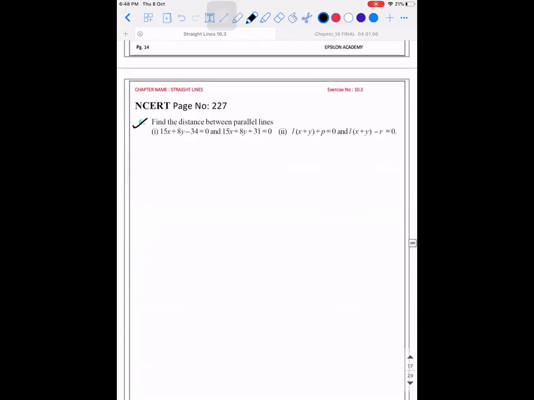Next, find the distance between the parallel lines. Do it fast and tell me. 15x plus 8y minus 34 is equal to 0 and 15x plus 8y plus 31 is equal to 0. So what is the formula for distance between parallel lines?